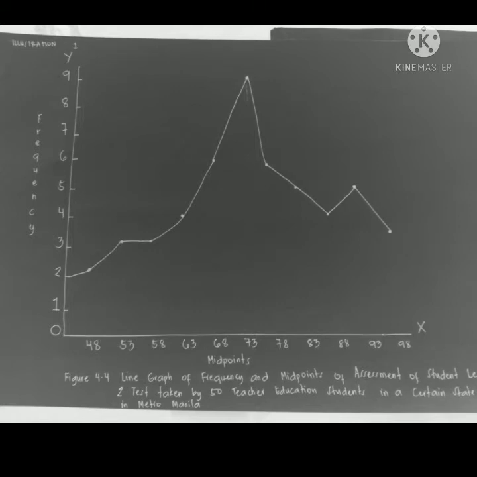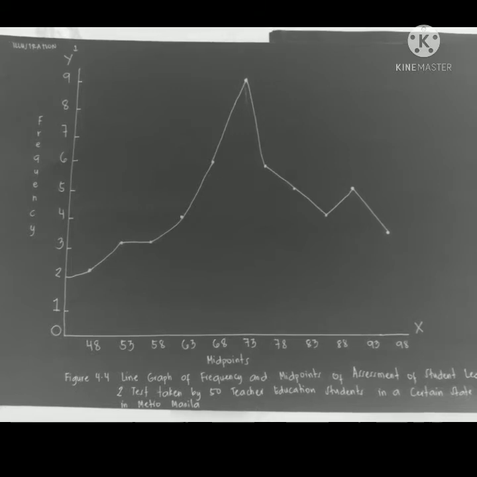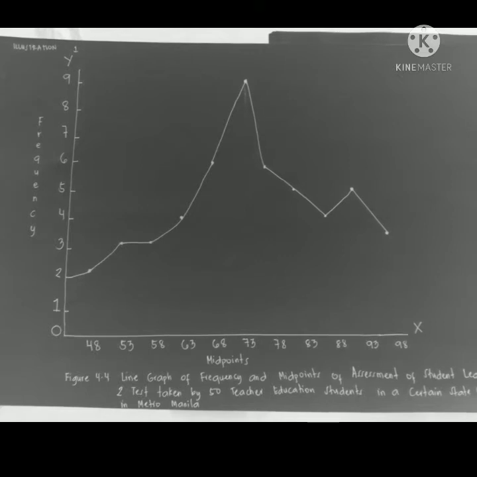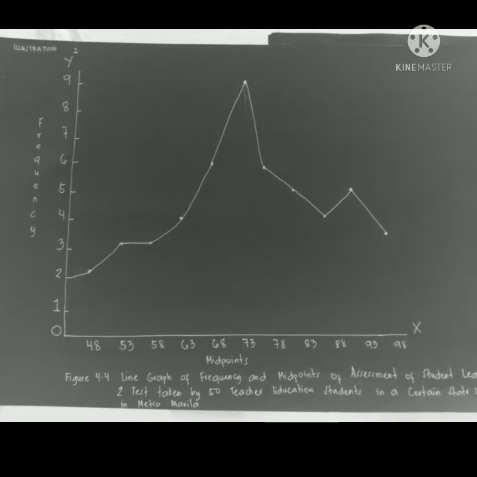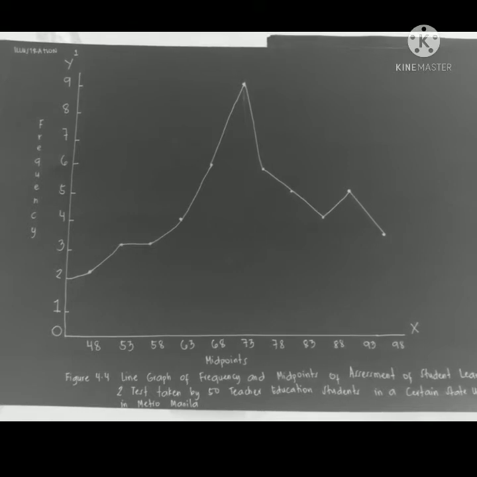Then 5 students got the 83 points. Then 4 students got 88 points, and 5 students got the 93 points, and we have 4 who got the highest score, which is 98 points.